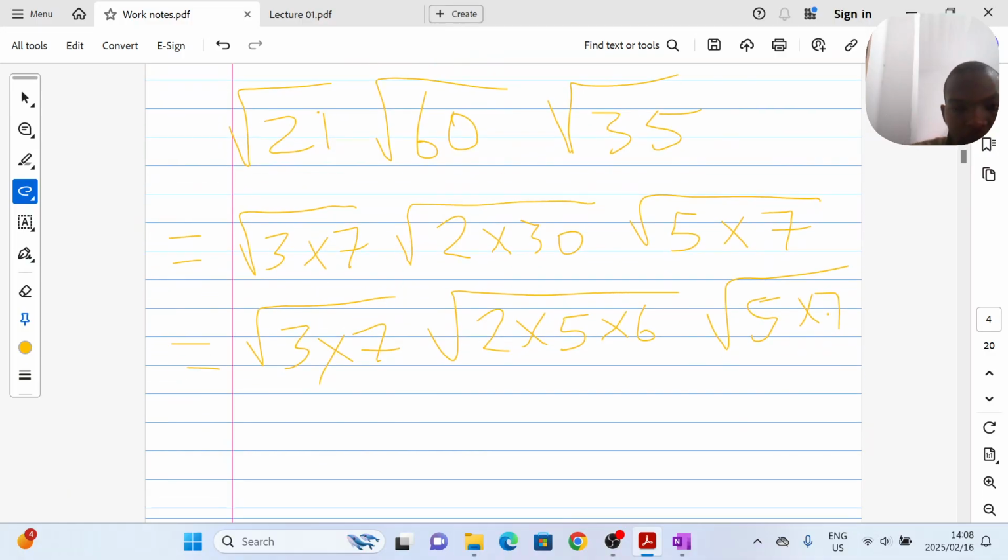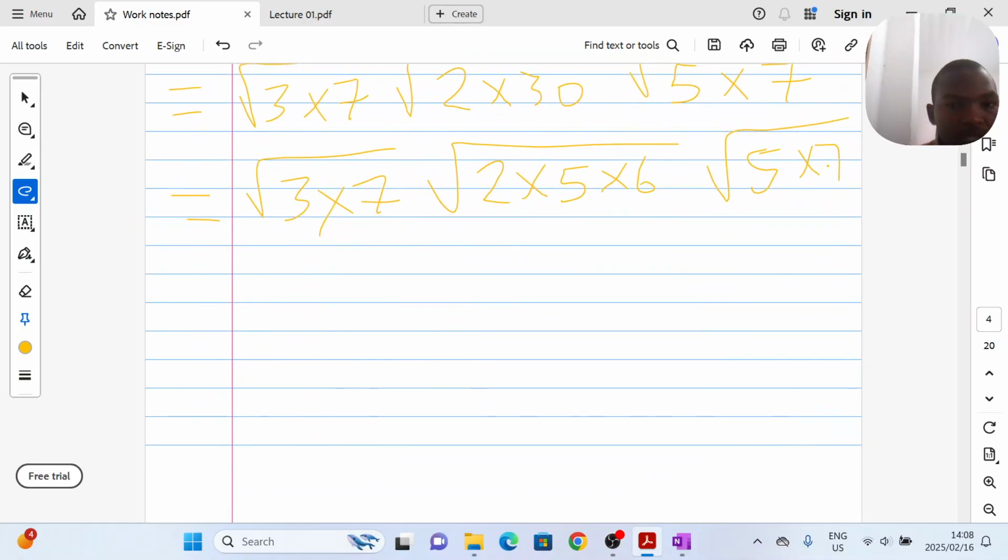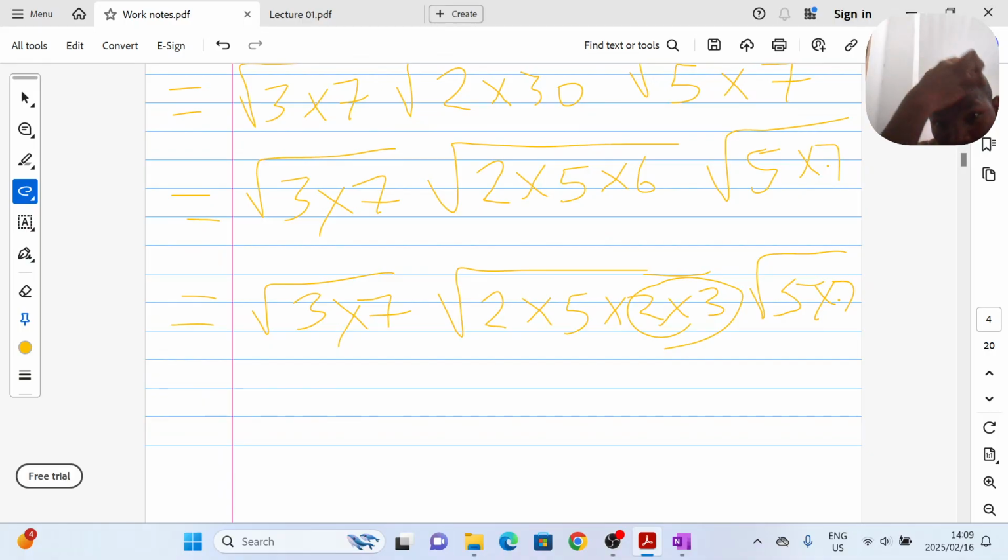What we are trying to do here, we wanted to break this down into its prime factors, what we call prime factorization. So we're going to have 3 times 7 here, and then here we're going to have 2 times 5 times 2 times 3. So square root 5 times 7. So 6 is the same as 2 times 3.